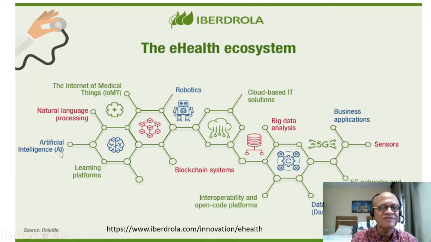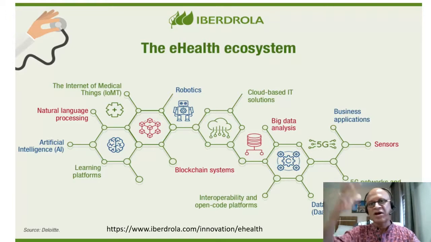So if you have lots of data on health and climate, you would use artificial intelligence, learning platforms, natural language processing, Internet of medical things. You heard about Internet of Things for controlling your house, your car, your security, your bank accounts, etc. But this is Internet of medical things.